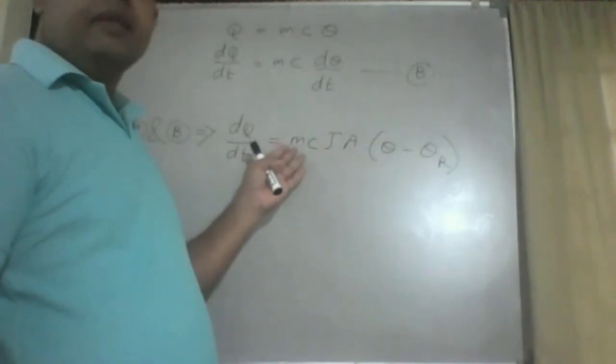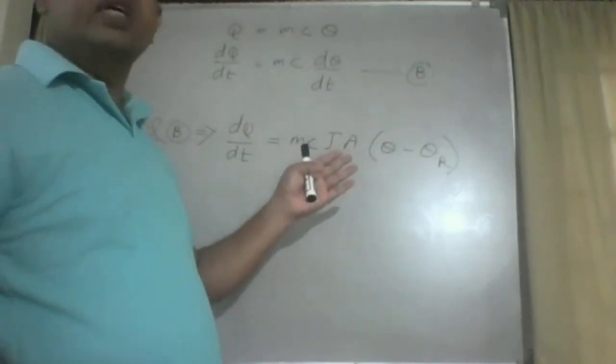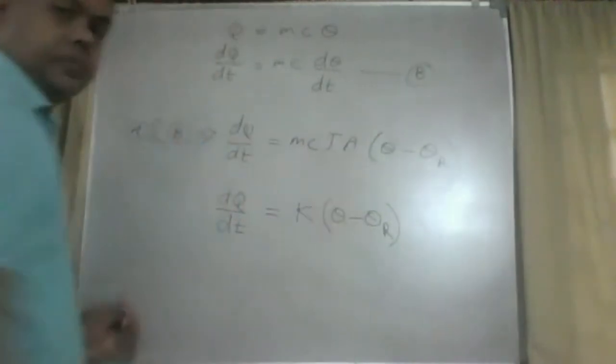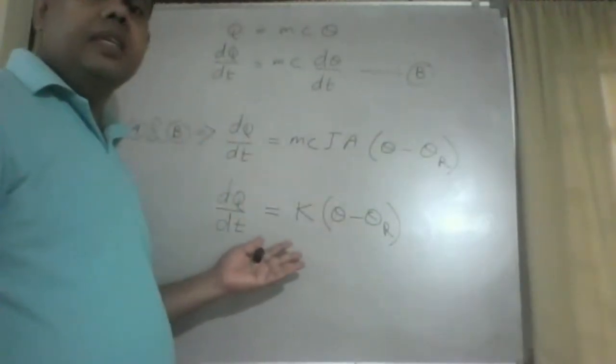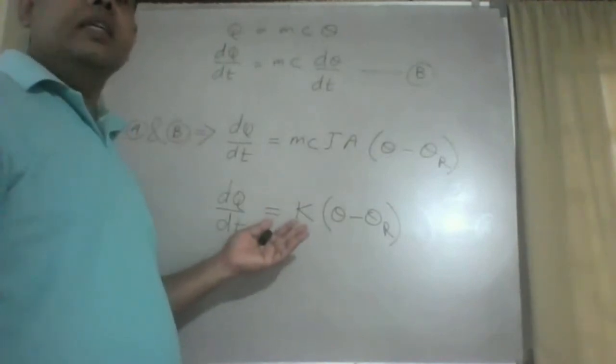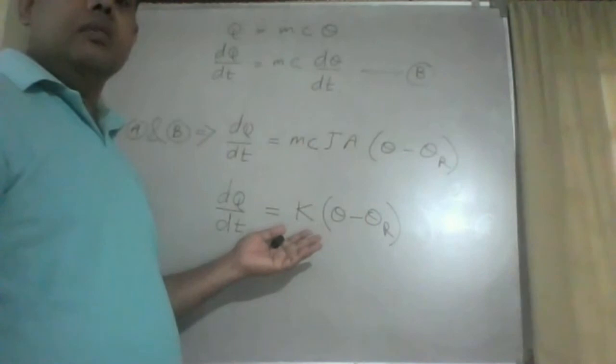Therefore, the m c J A product altogether is another constant. This equation can be derived by combining Newton's law of cooling and the Q equals m c theta equations for a given object.